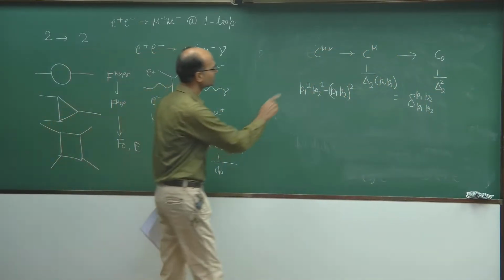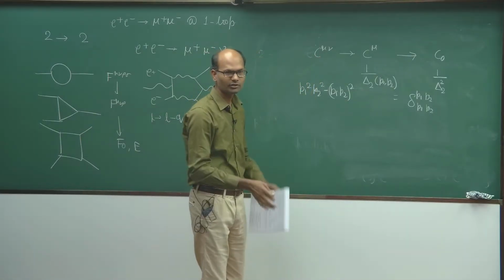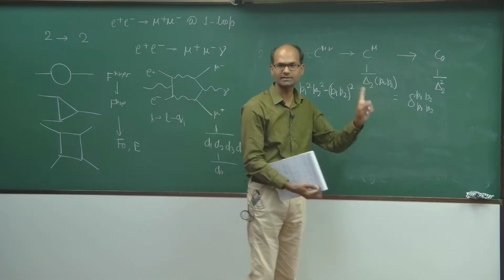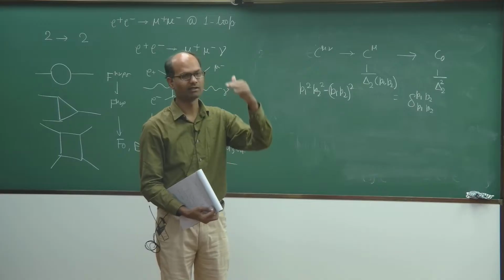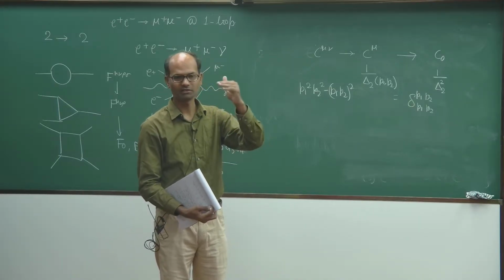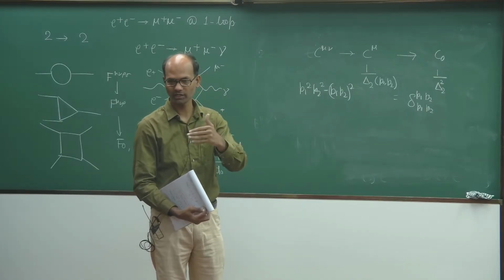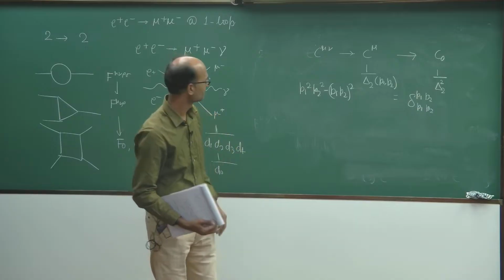So when you reduce every tensor rank, you introduce 1 over delta in the corresponding reduction. If you are doing 4-point function reduction, say rank 4 to rank 3, you introduce 1 over delta 3. Then 3 to 2, 1 over delta 3 again. So somewhere you are going to get 1 over delta 3 squared, delta 3 cube and so on.